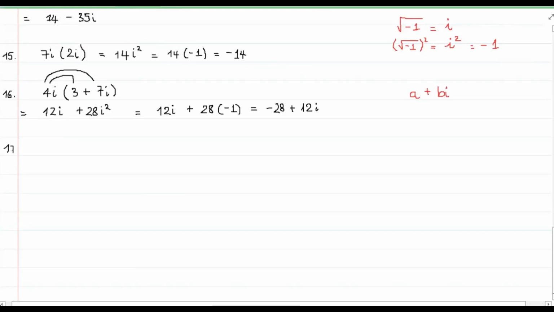Number 17. We will have 4 minus 5i times 7 plus 2i equals 4 times 7, 28. 4 times 2i, 8i.